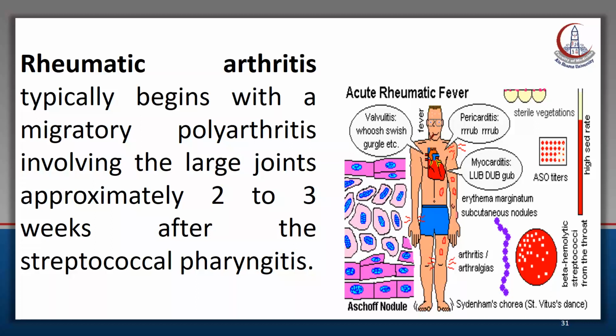It's a sequelae of streptococcal pharyngitis or acute follicular tonsillitis. Rheumatic arthritis: it's a migratory polyarthritis in the large joints. Okay?